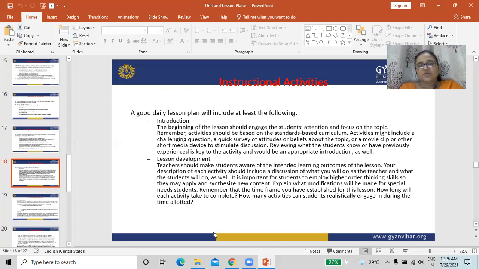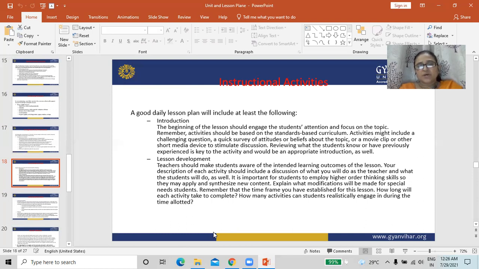It is important for students to employ higher order thinking skills so they may apply and synthesize new content. Explain what modifications will be made for special needs students.